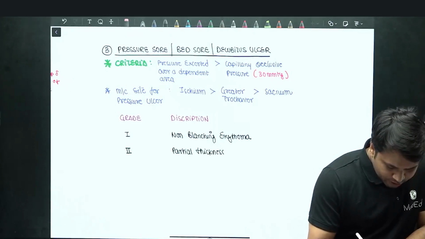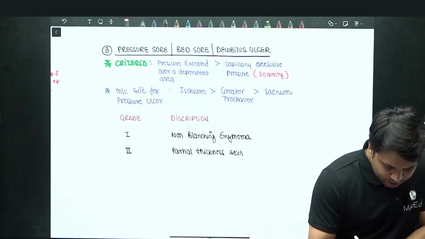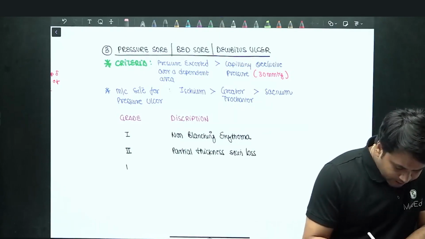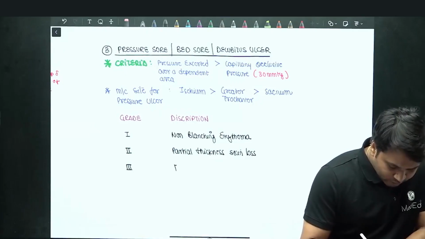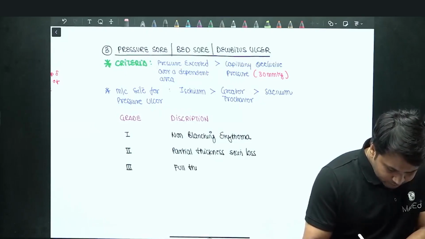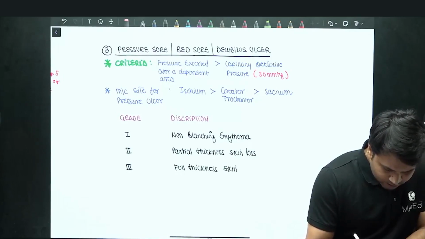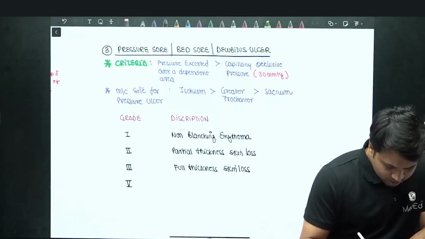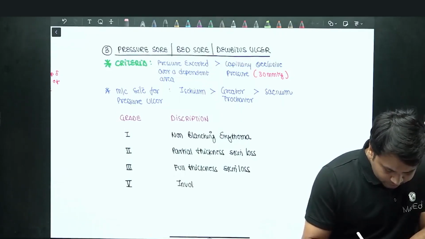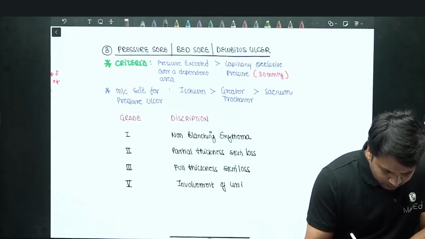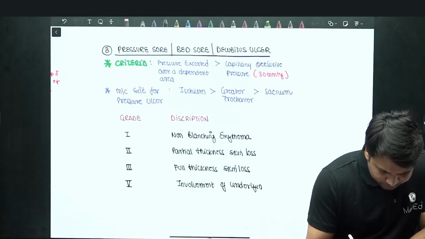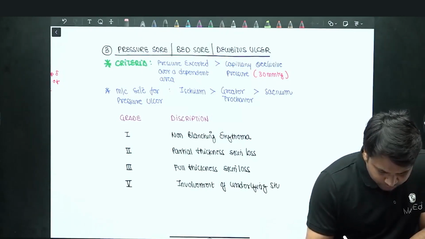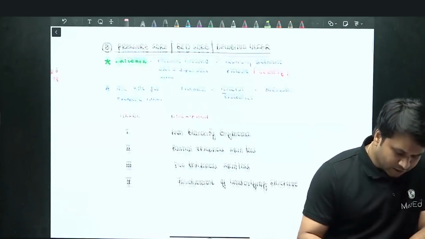Grade 3, there is full thickness skin loss. And grade 4, there is involvement of underlying structure.